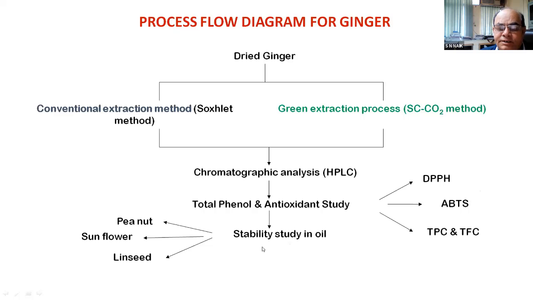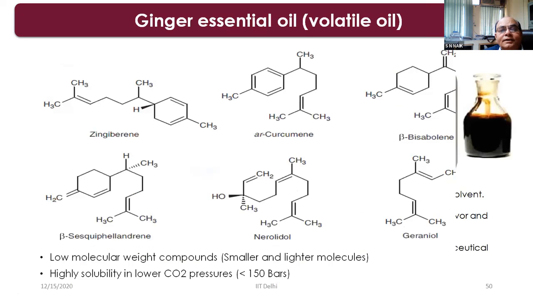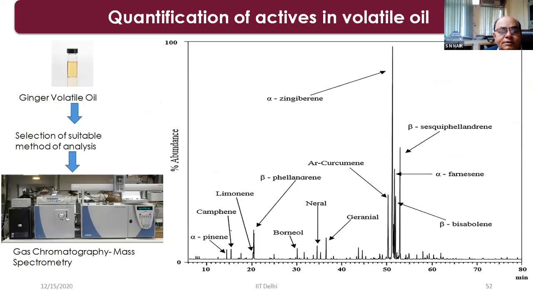The stability of the vegetable oil we tested by Rancimat study, with peanut oil, sunflower oil, and linseed oil. In ginger there are two products. One is the essential oil, which can be isolated by liquid carbon dioxide, and the oleoresin by supercritical extraction. Most of the ginger essential oil contains zingiberene, curcumene, bisabolene, geraniol, and so on. We analyzed it by GCMS.